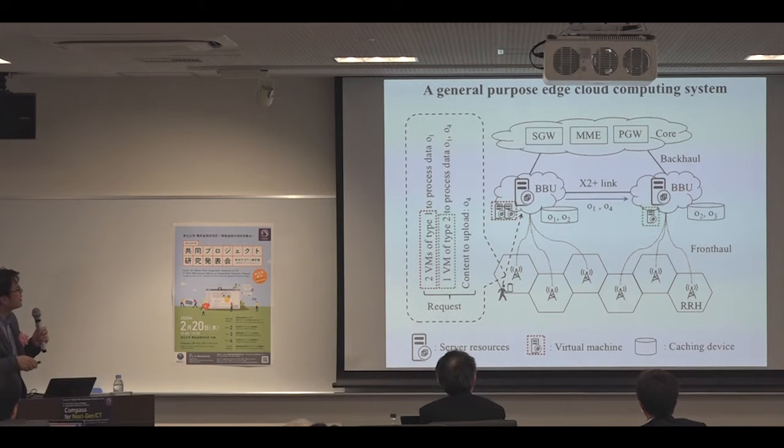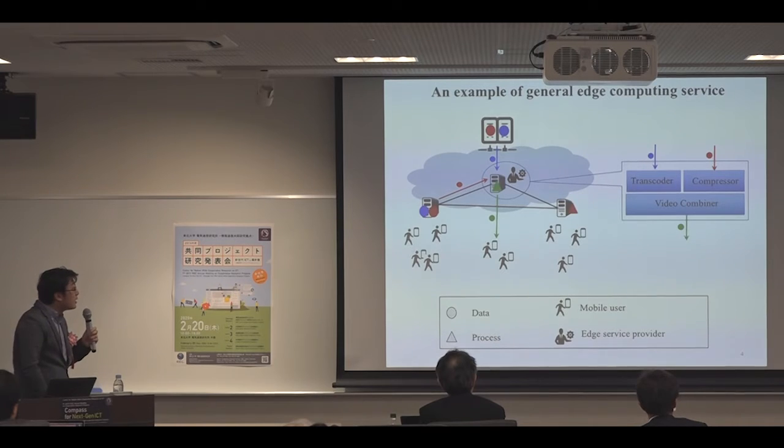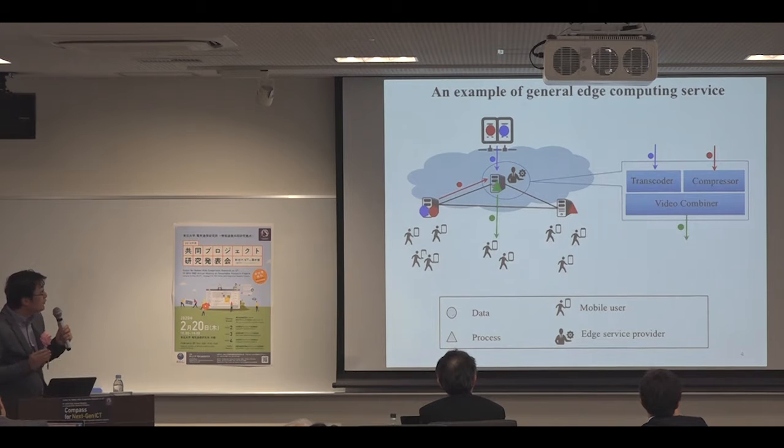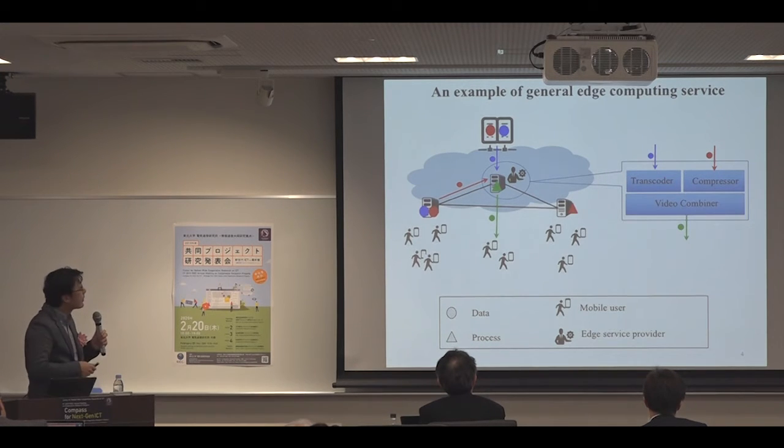So we see this is a general purpose edge computing architecture. Here is an example to see why this kind of architecture is necessary.